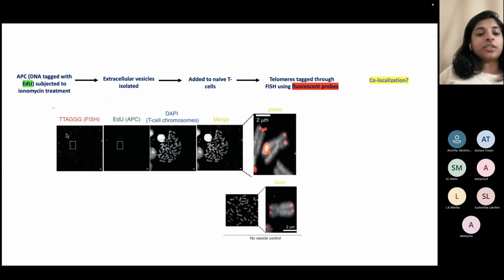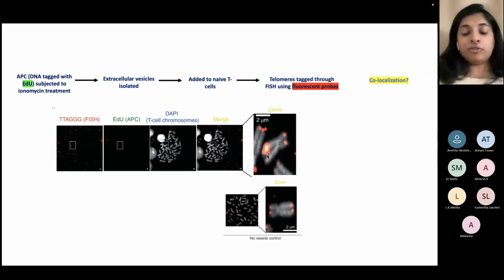This was tagged using a red probe. So only if this EdU, which is obtained from the APC, and this red probe that is already present in the T cells co-localize, as in they are present together, will there be a yellow signal. And indeed, they observed that in these T cells, there was a yellow signal.